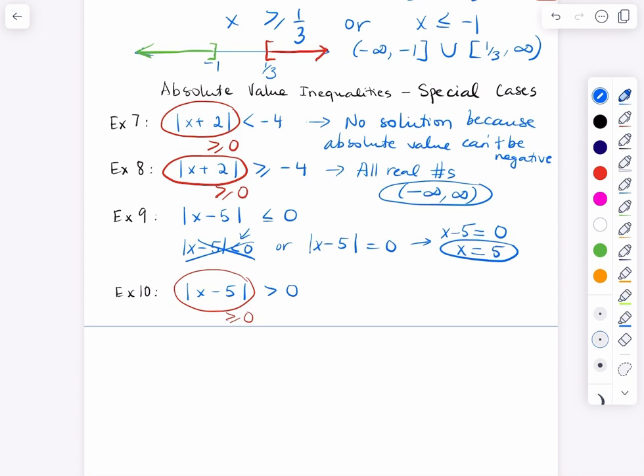So it basically will be true for all real numbers except x is equal to 5, because when x is equal to 5, then the absolute value will be equal to 0, which we don't want, because we want the absolute value to be strictly greater than 0.